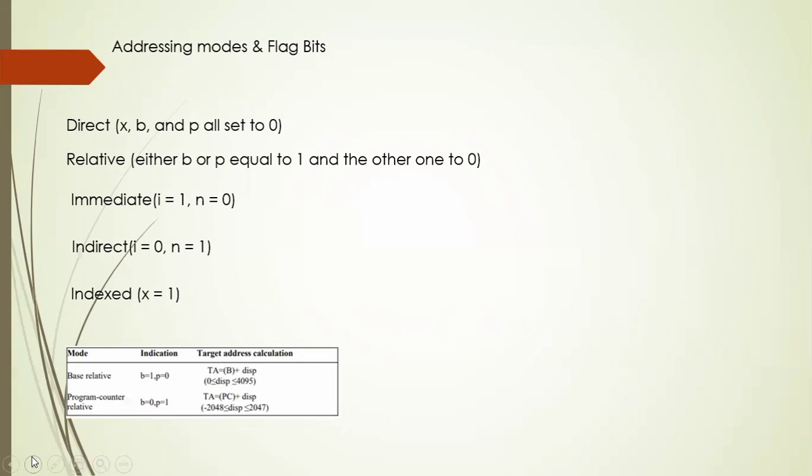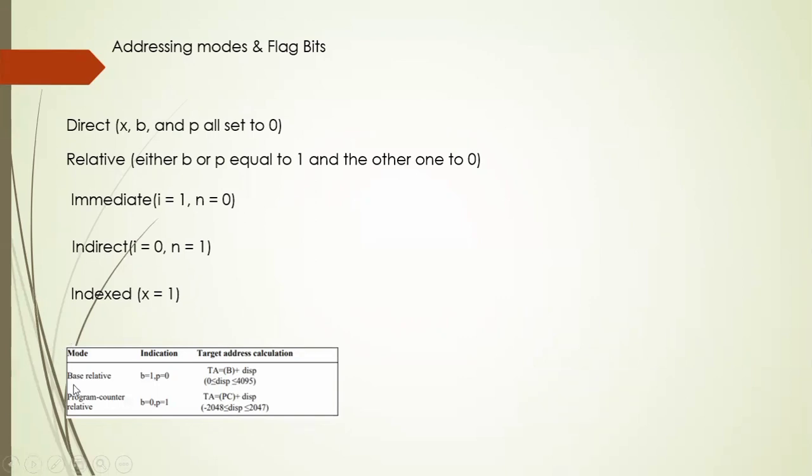Immediate is the hash value: in that, I will be 1 and the remaining will be 0. In indirect, I will be 0 and N will be 1, because N stands for indirect. And in indexed, X is equal to 1 and the rest will be 0. And you can see the types of addressing modes here.